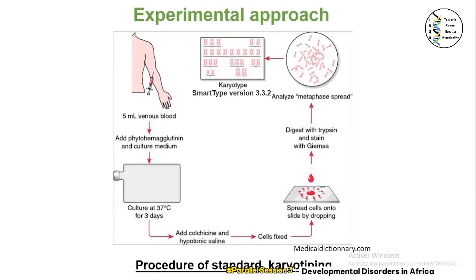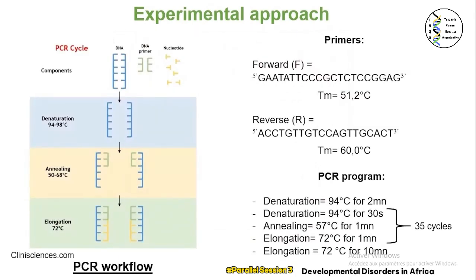Then the cells are fixed with a mixture of methanol and acetic acid, spread onto slides by dropping, digested with trypsin and stained with Giemsa, and we analyze the mitoses with the SmartType software to obtain the karyotype. The screening of the SRY gene is based on PCR, with the use of specific primers and a specific PCR program.